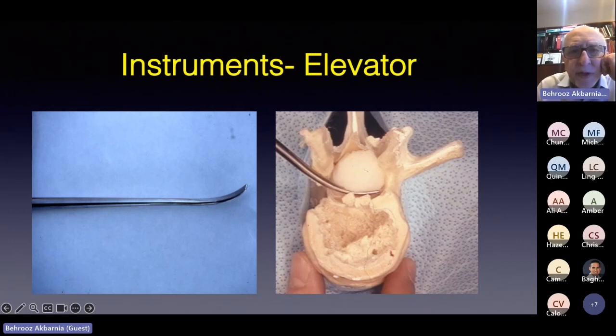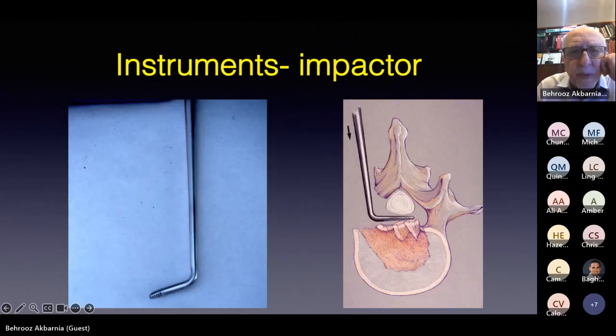Once the medial cortex of the pedicle was removed, the elevator goes between the dura and the fragments, and the impactor pushes down the fragments into the cavity.